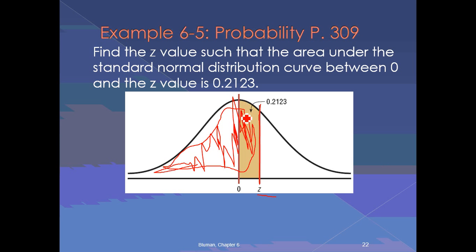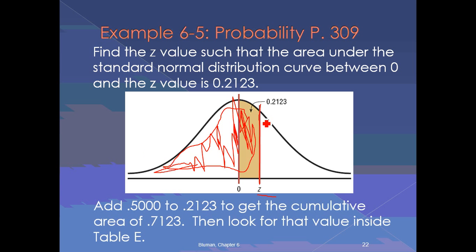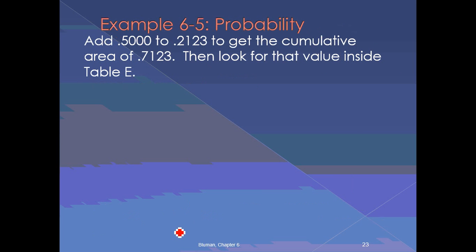We need all of this that we're looking for, the brown area, which is 0.2123, plus we're missing half of it. So what's 0.2123 plus a half? You get 0.7123. So we're looking for the value closest to 0.7123.